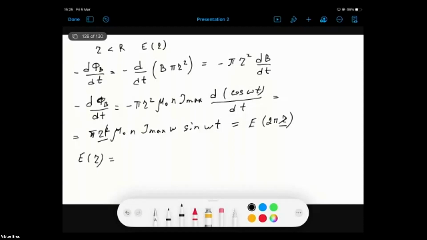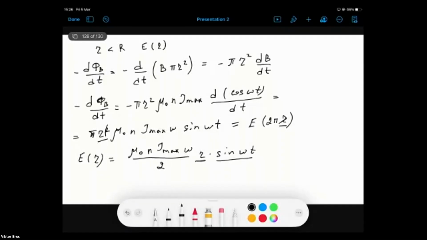So eventually we get mu naught times n times I maximum times omega divided by 2. This is all multiplied by r and sine omega t. So in this case, we also see that the electric field is changing as a function of sine omega t.